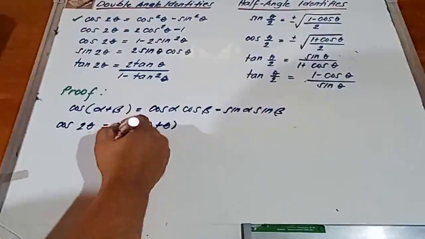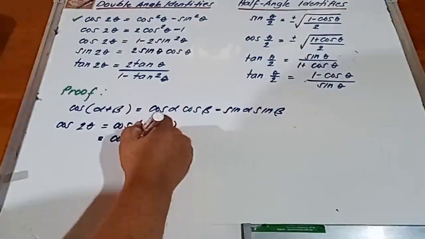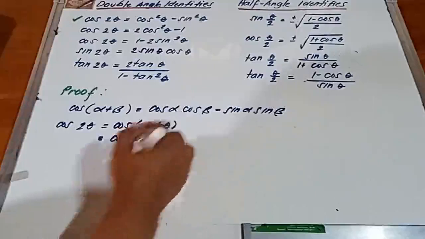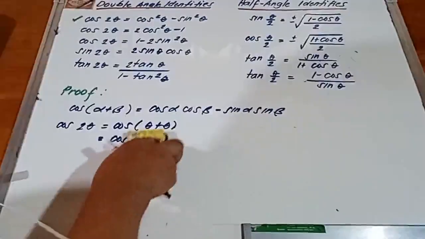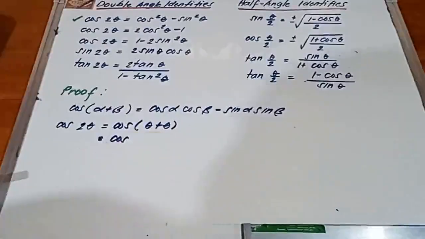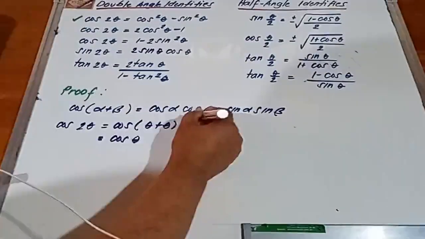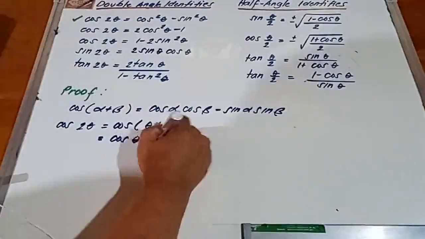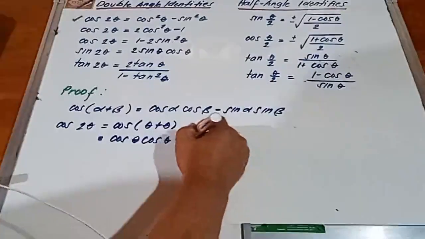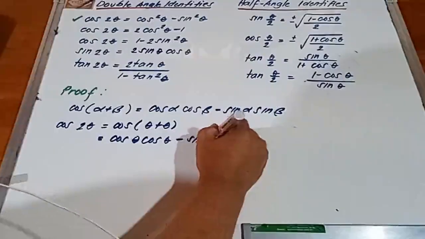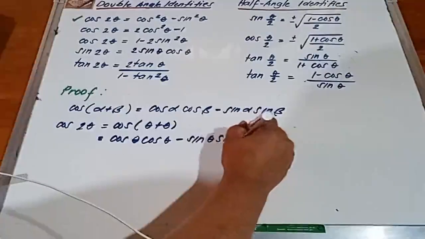So, this is equal to cosine alpha, alpha is theta also. Cosine theta, and times cosine beta is cosine theta pa rin. Minus sine theta, sine theta.